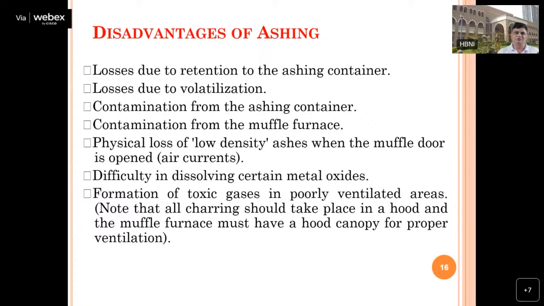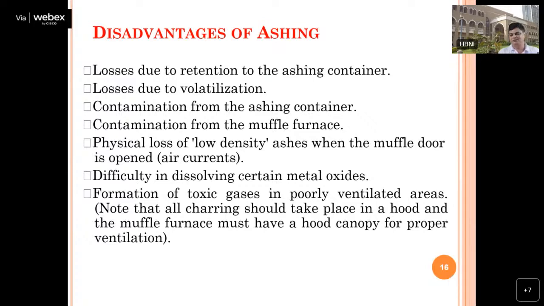And the physical loss of low density ash. For example, if your ash is low density, then when you open the door of the furnace and take out your sample, some of the ash will fly around within the furnace. So these are certain problems.